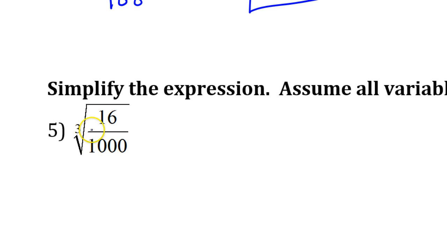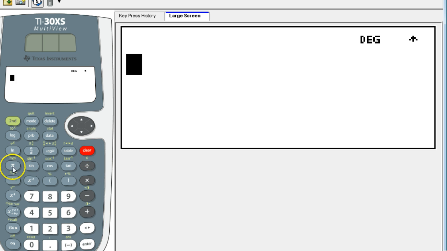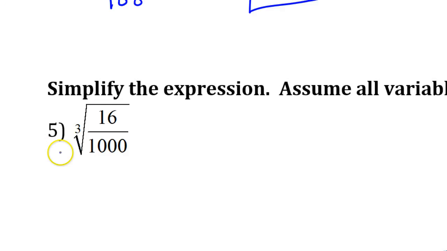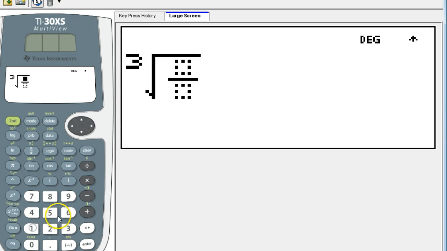Simplifying this stuff. Now, again, something tells me that if I put this in my calculator, I'm just going to get a decimal. But let's see. If I want the cube root, so I do 3, and then I do second caret. Now I've got the cube root. I've got some fraction in here, 16 over 1,000.